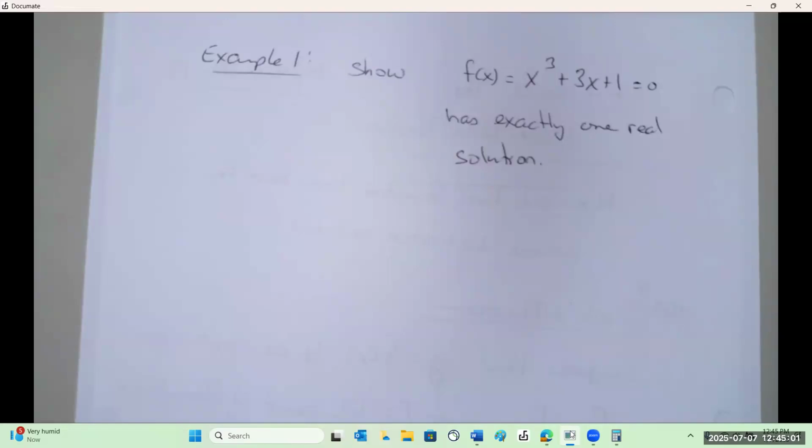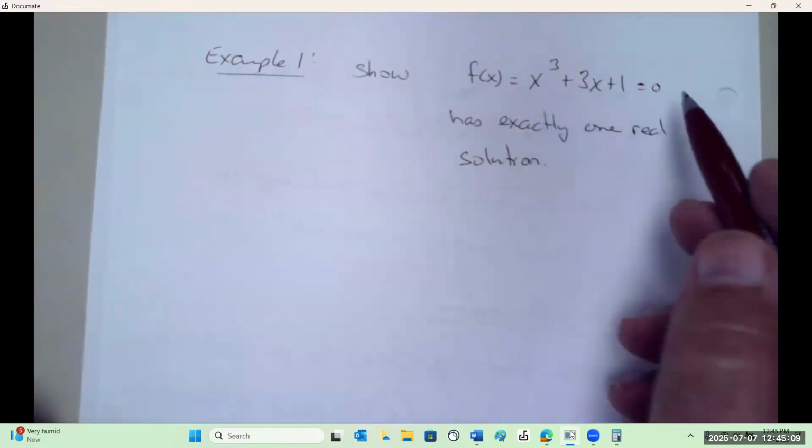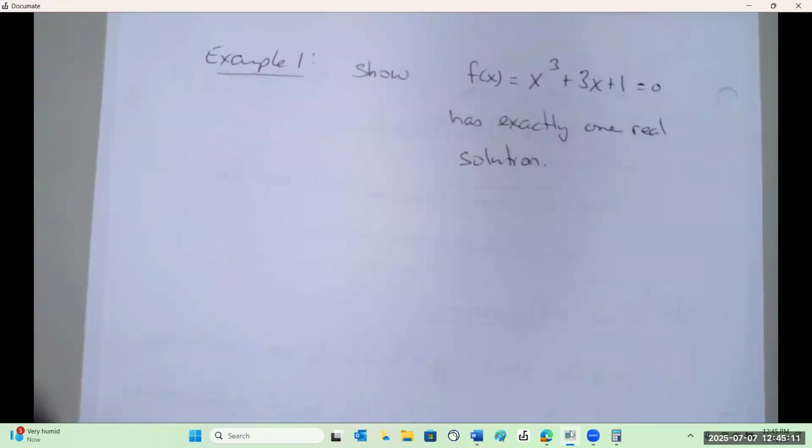These are algebra questions. One way you could do it, you could take this equation, set it equal to 1, and see if it exists. Or no, we could think of another one.